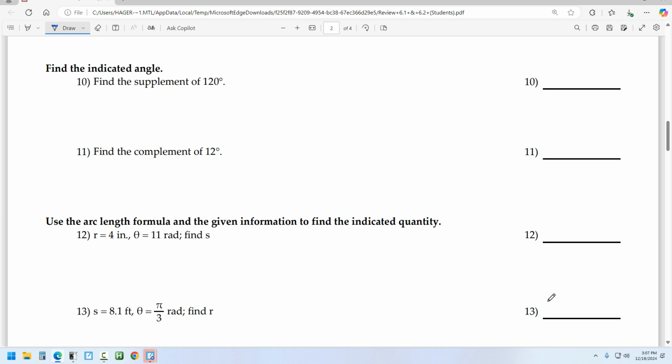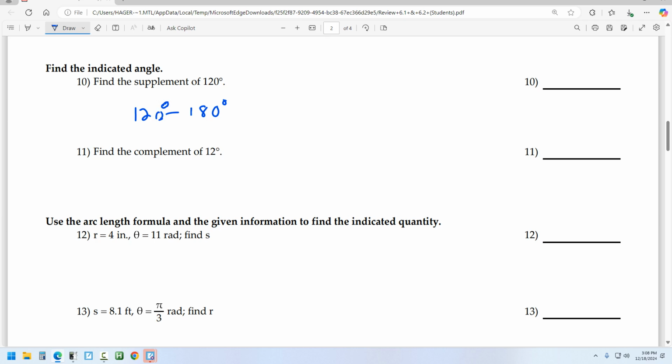Okay, so now, do you want to try 10 or 11? Let's do both. So how would you figure out the supplement to 120 degrees? That's when it adds up to 180, right? Yes. You subtract 180 from 120? Tell me what I would write down.